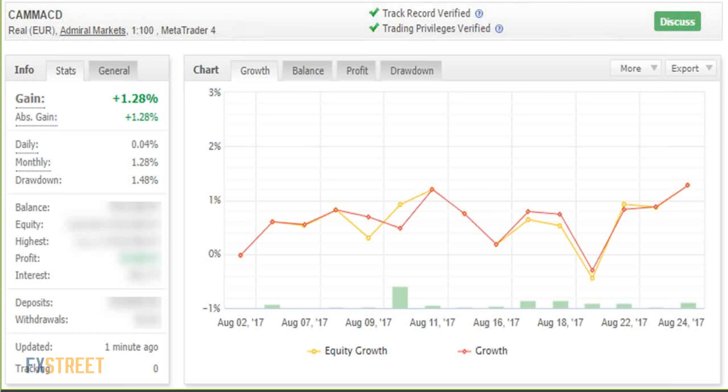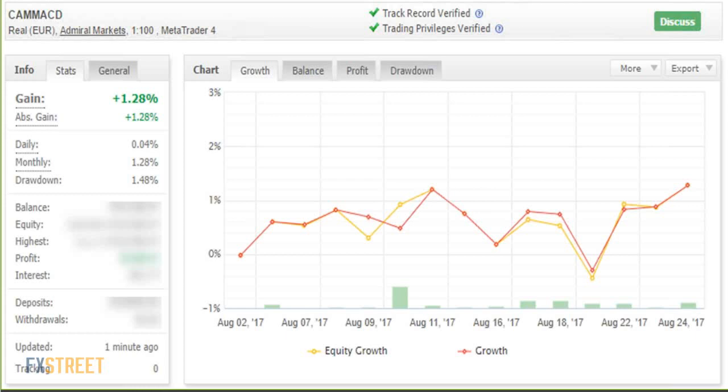And I'm showing you just one snapshot of the account. I have 5 different accounts with Admiral, and I try to trade all of them. And you can see basically that the drawdown for this trading was not big, really. It's only 1.48%. So this is meager.